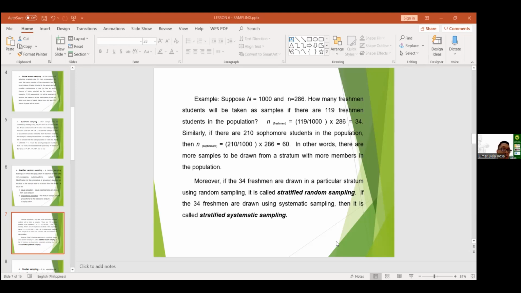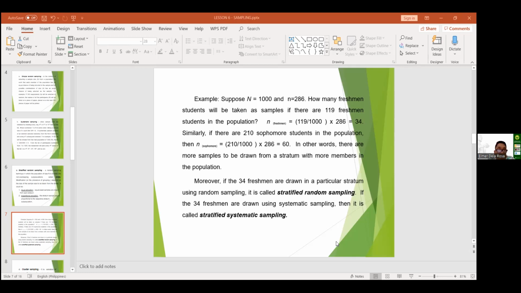But the idea of equal allocation is that regardless kung gaano kadami ang first year, second year, third year, or fourth year sa population, hindi mo yung titignan kasi equal allocation nga. So you simply divide 286 by the number of groups na gusto mo. Kung male-female at gusto mo ng stratified, divided by 2, yung 286.